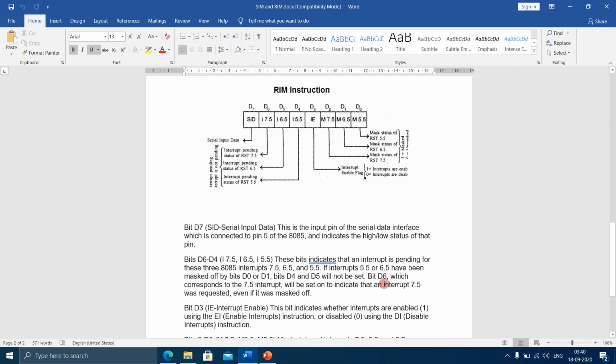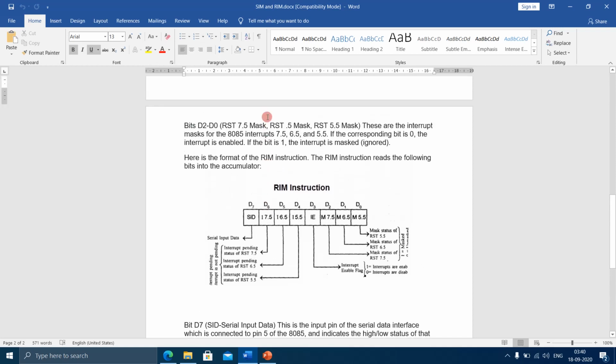So bit D6 will be set to indicate that interrupt 7.5 was requested even if it was masked off. So this indicates that the 7.5 interrupt was requested even if the processor ignores it, masks it off. This pending bit will still be 1, which shows pending.